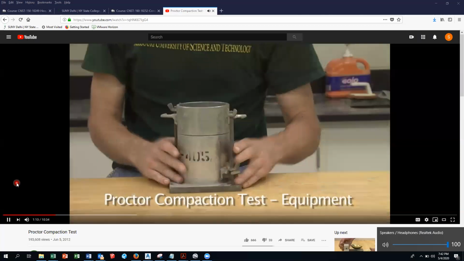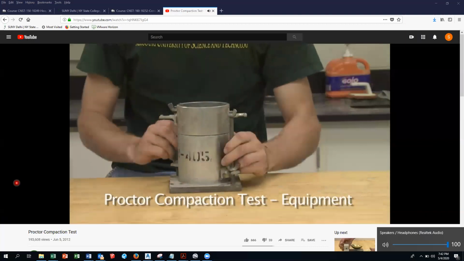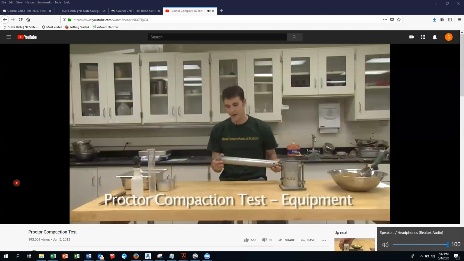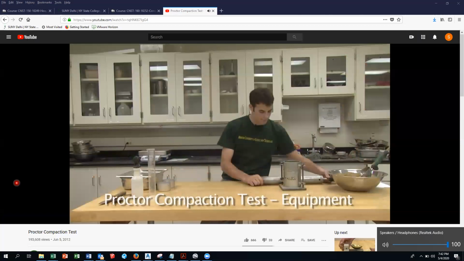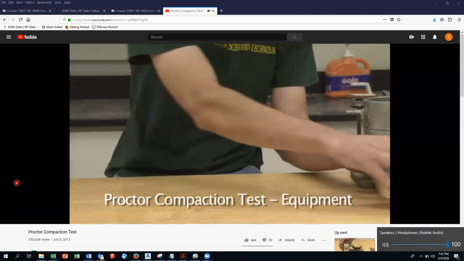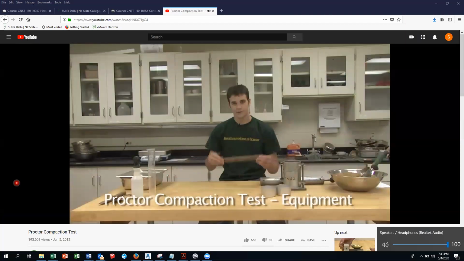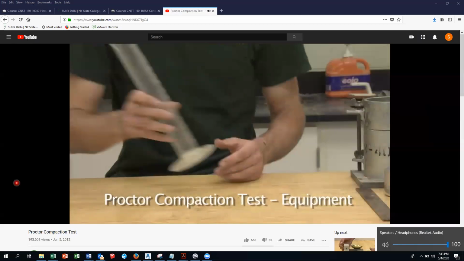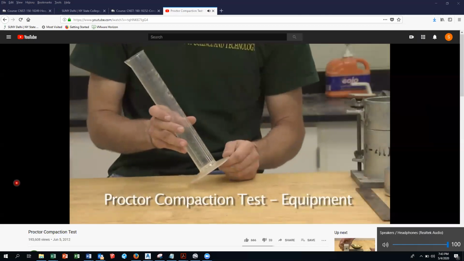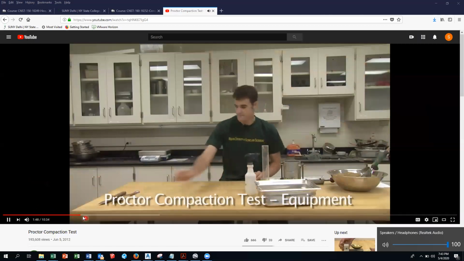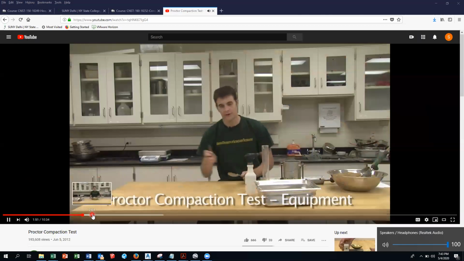The equipment required for the standard Proctor compaction test is a 4-inch mold having a volume of 1/30th of a cubic foot and a collar, a standard Proctor compaction hammer weighing 5.5 pounds and dropping 12 inches, 2 moisture content cans, a steel straight edge, a large mixing pan, a graduated cylinder capable of holding up to 250 milliliters, a spray bottle, a metal spoon, and a knife.